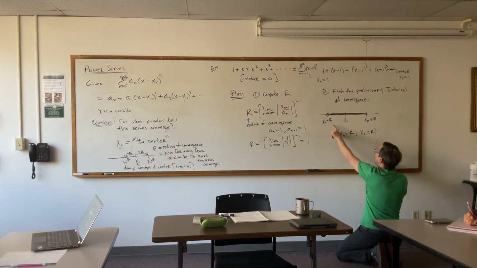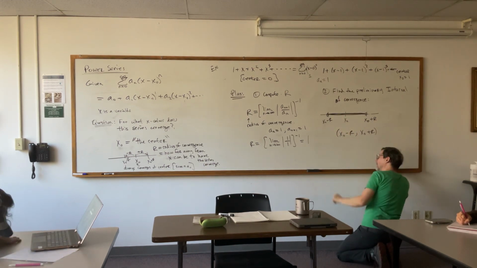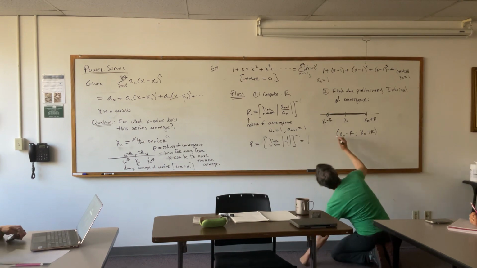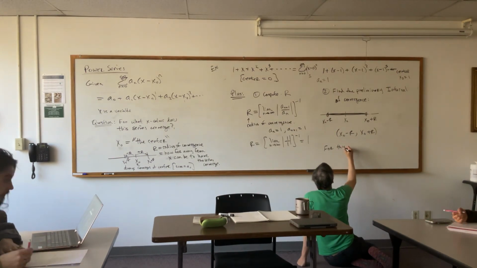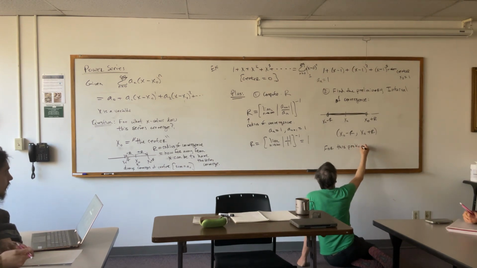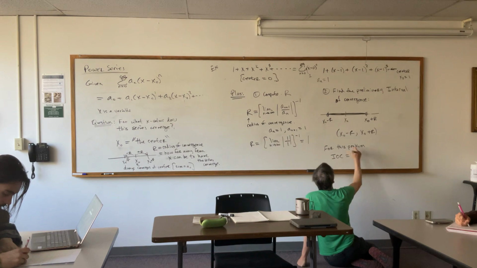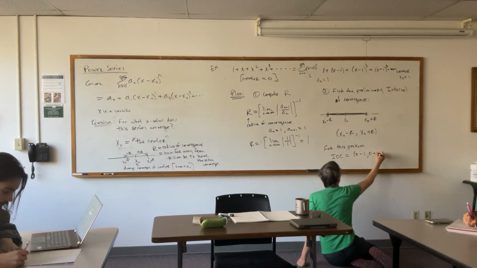And I'm leaving the ends open because weird stuff can happen. We have to actually address those separately and think about what's happening. So for this problem, the interval of convergence is equal to the center minus the radius up to the center plus the radius. So in other words, just negative 1 to 1.